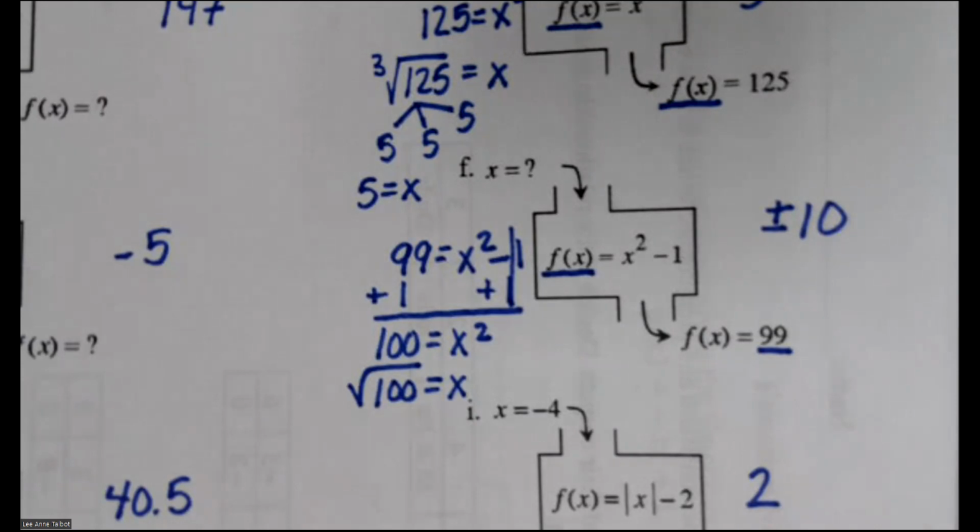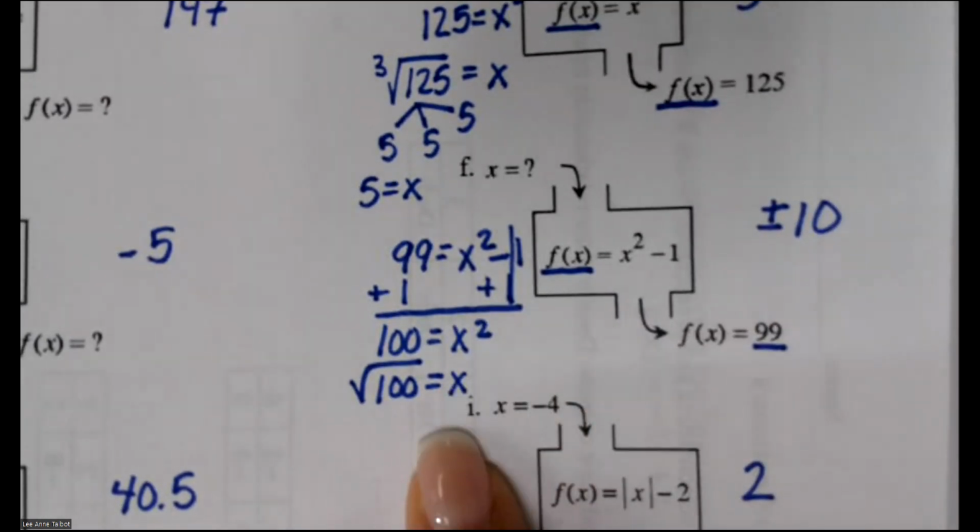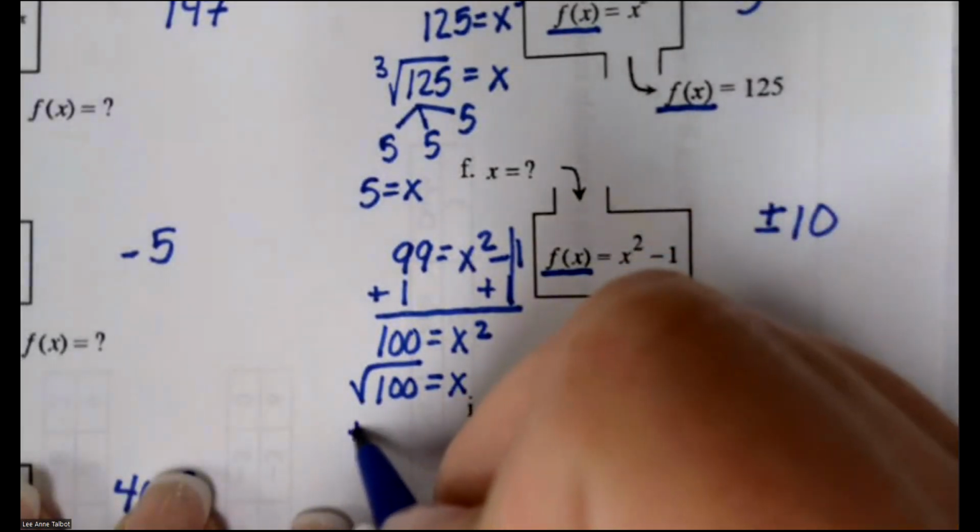This symbol is plus or minus. It means that there's 2 answers to this problem, positive 10 and negative 10. How are you supposed to know when there's 2 answers? And the answer is whenever you square root both sides of an equation, there's 2 answers.